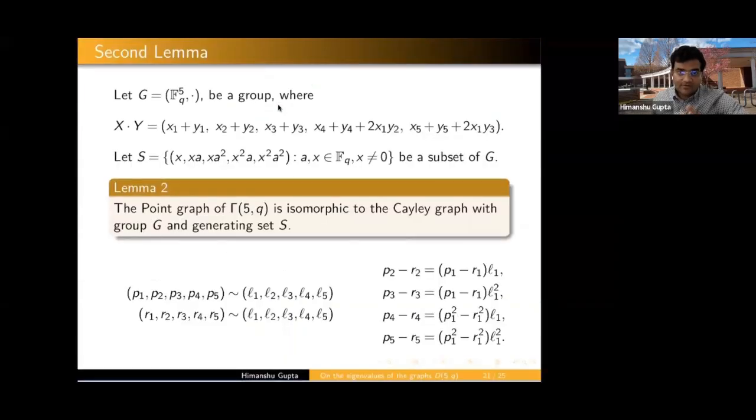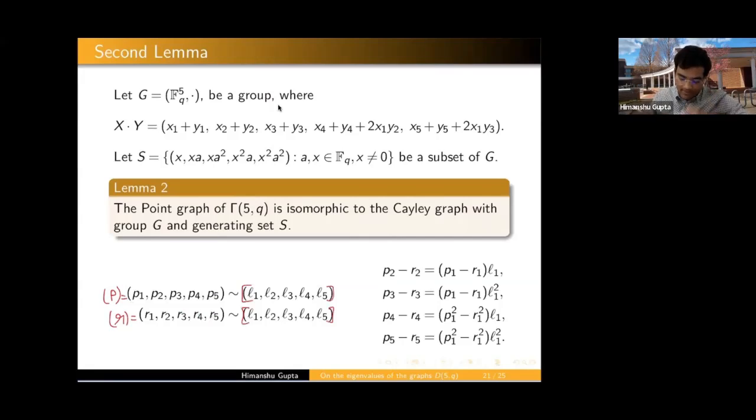The proof just follows by a system of equations. Two points, let's say P and R, have to be adjacent in this graph if there is some line, which I should write with square brackets, such that both of them are adjacent to it.